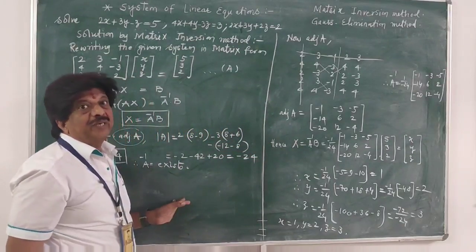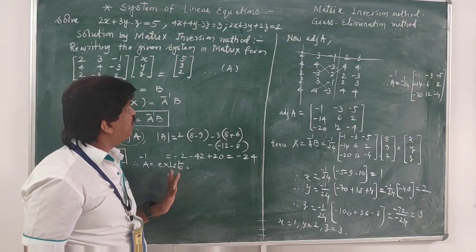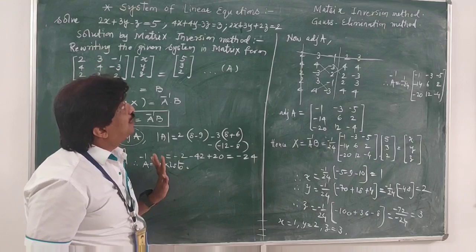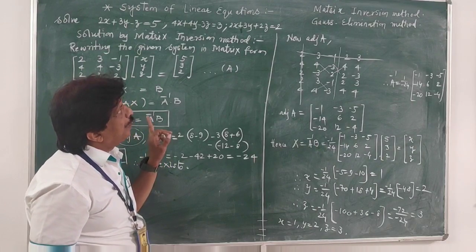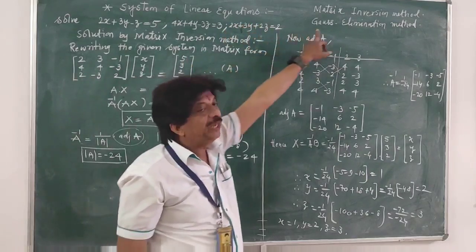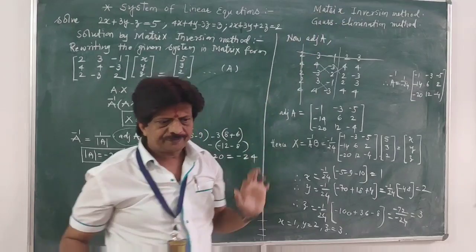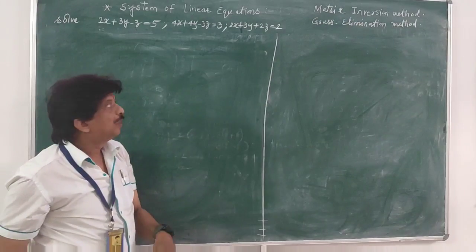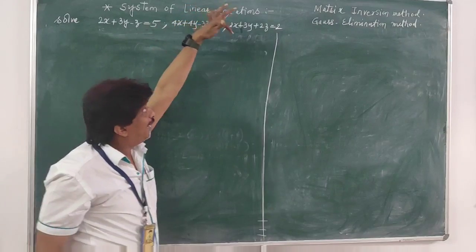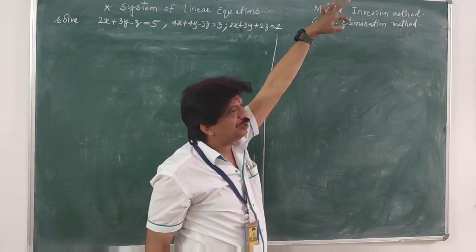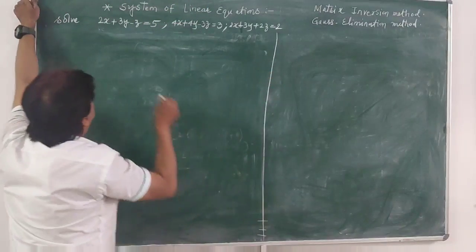This is nothing but the matrix inversion method, which is the simplest method and can be asked in the examination. The same example we shall now solve by the Gauss elimination method. So friends, after solving this system with the help of matrix inversion method, let us now consider the Gauss elimination method.